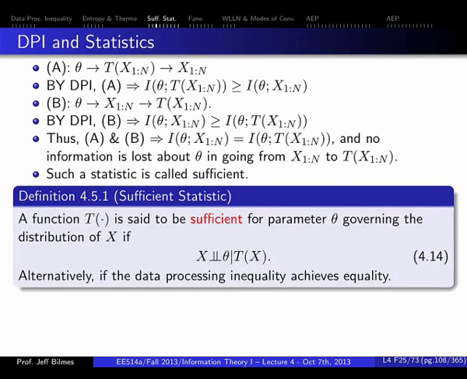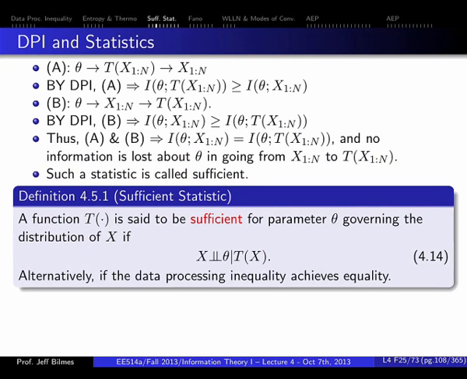Now, this is a very unusual definition of a sufficient statistic. Right? This is the information theoretic one. If you were to take a statistics class, this would not be how you would be introduced to sufficient statistics. However, we're defining it this way, and we'll see in a moment that it's identical to how it's defined in statistics classes.